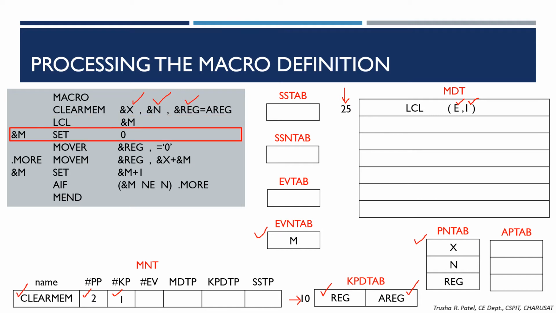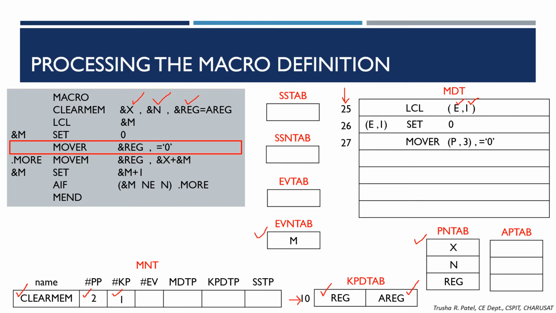Now the next instruction is &M SET 0. So the code generated will be E comma 1, because M is available at the first index in the EVNTAB. Then the SET mnemonic will remain as it is, and 0 is a constant that will remain as it is. Now the next instruction is MOVER &REG, =0. The code generated will be MOVER.